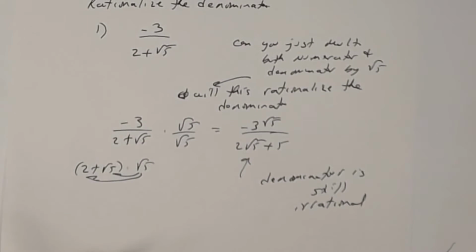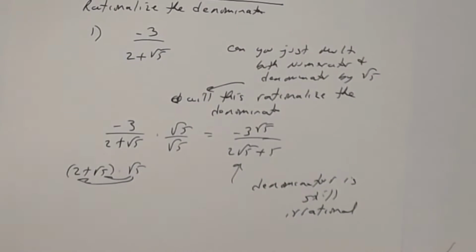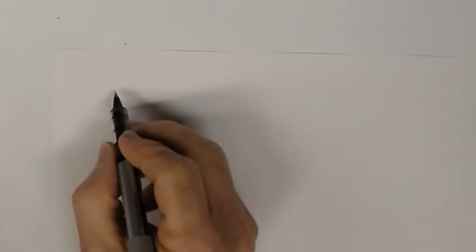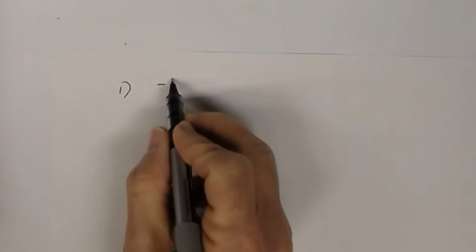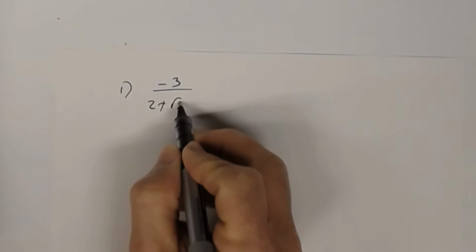So let's think about this now. Let's go back and rewrite number 1: negative 3 divided by 2 plus the square root of 5.